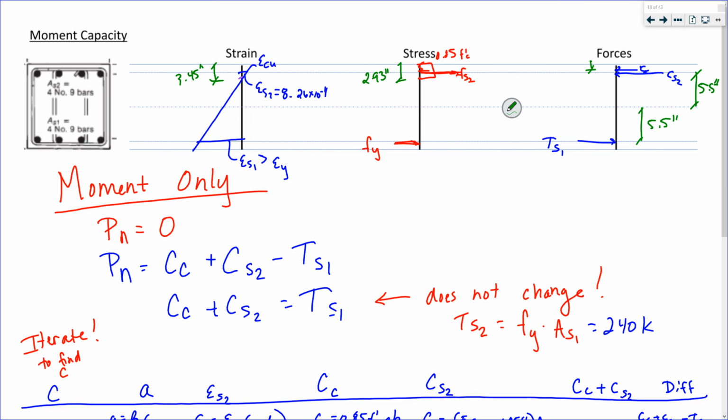5.5 inches for the forces associated with my steel. This right here, h over 2 minus a over 2, is 8 minus 2.93 over 2, which is 6.53 inches. That's where my C sub C acts.